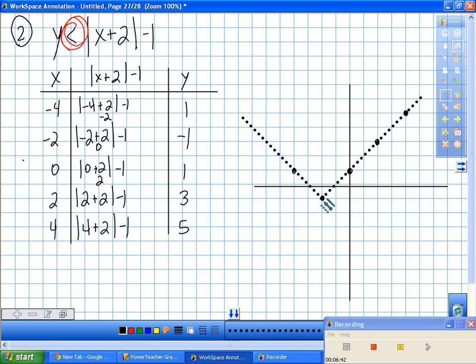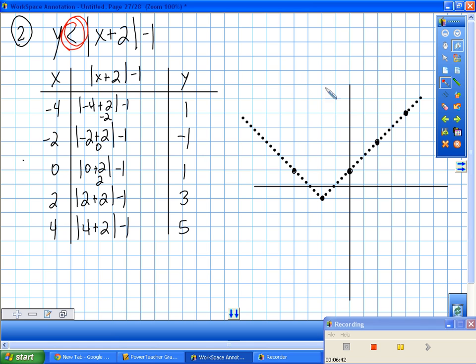Now, we noticed in the parent function that it was originated at the origin, right? And here we don't have that. We also noticed that in the parent function all the values were positive, and we see here that we have a negative, right? Now, is this something that is possible, or did we make a mistake?